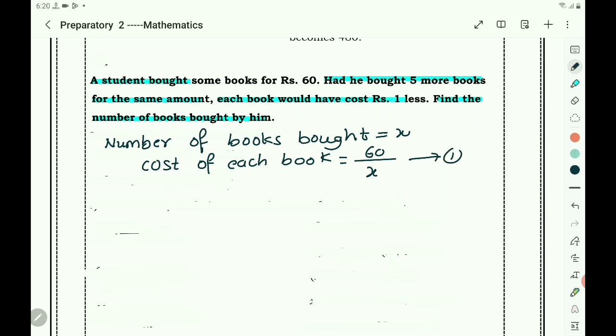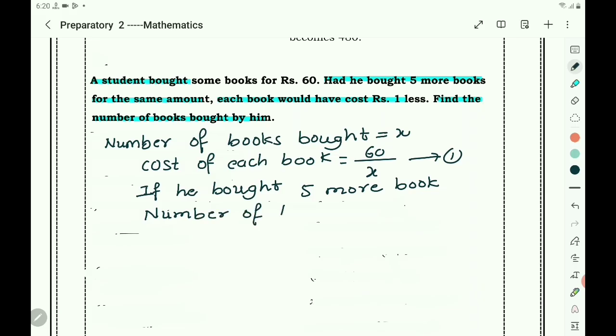If he bought 5 more books, number of books equals x plus 5, so the cost equals 60 by x plus 5.